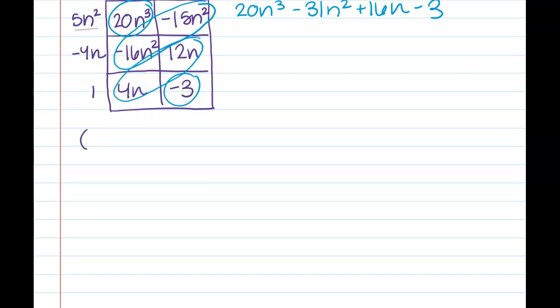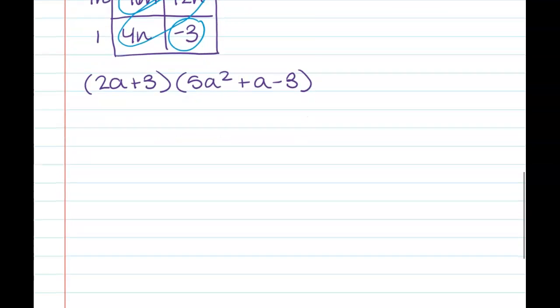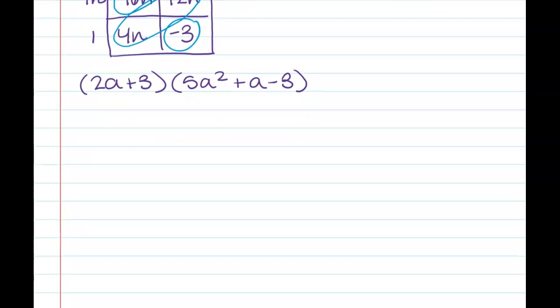Now let's do 2a plus 3 times 5a squared plus a minus 3. Pause the video and try this. Okay, so we'll have our 2 by 3 box again.